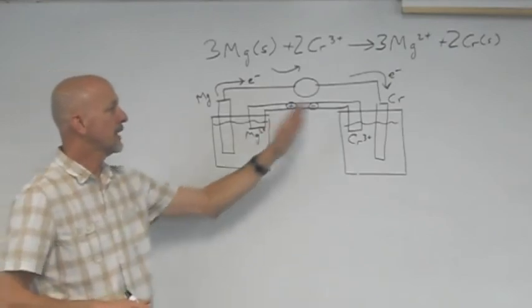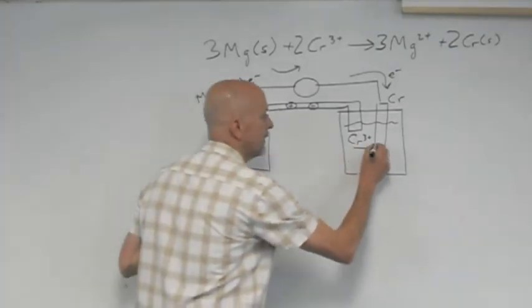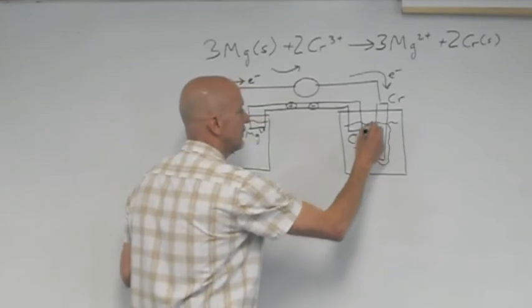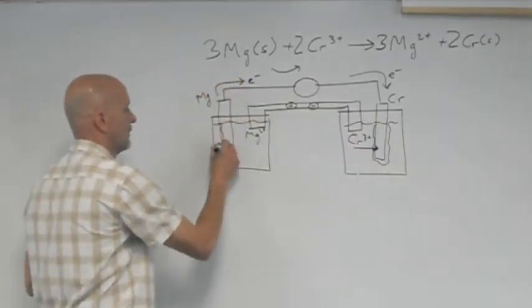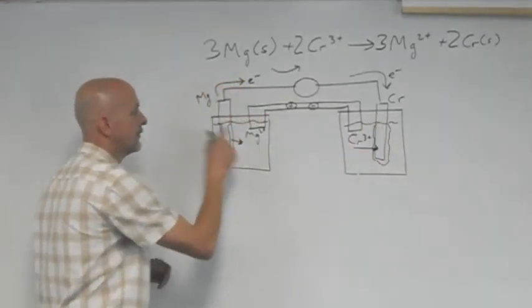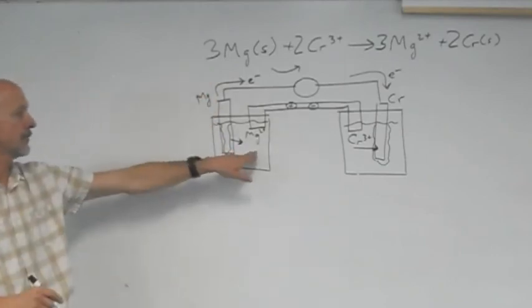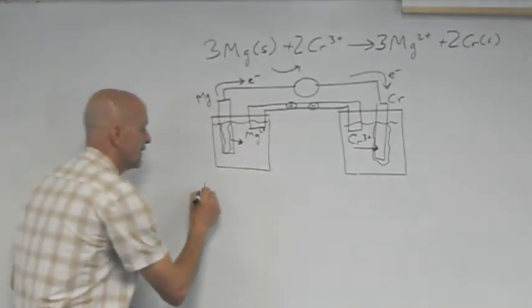So chromium is gaining electrons. Chromium ions come in. This electrode grows. This one starts to shrink. Magnesium ions are leaving the electrode, going into solution. My oxidation half reaction.